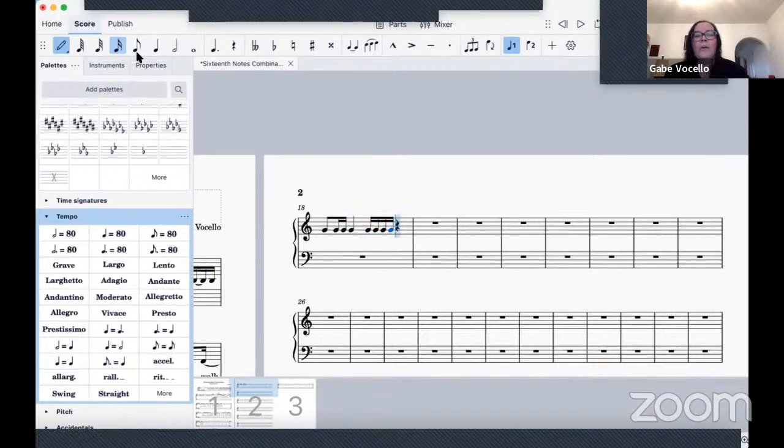Or one chord note is equal to 2/8 note. Okay? 1/8 note is equal to 2/16. One chord note is equal to 4/16. One chord note is equal to 2/8 note.